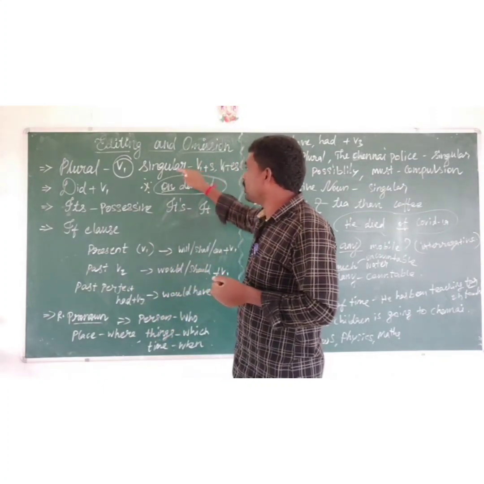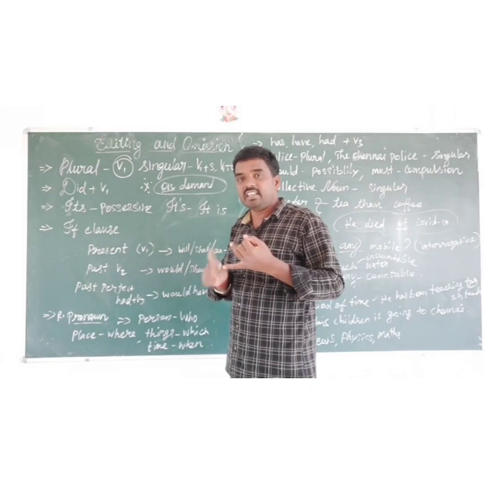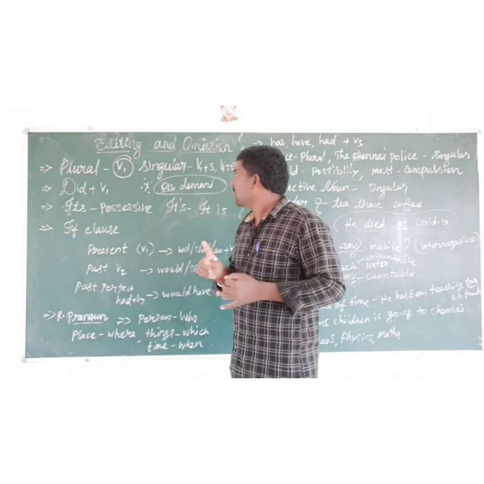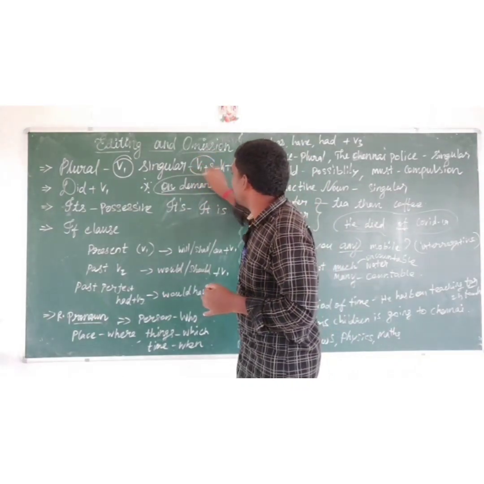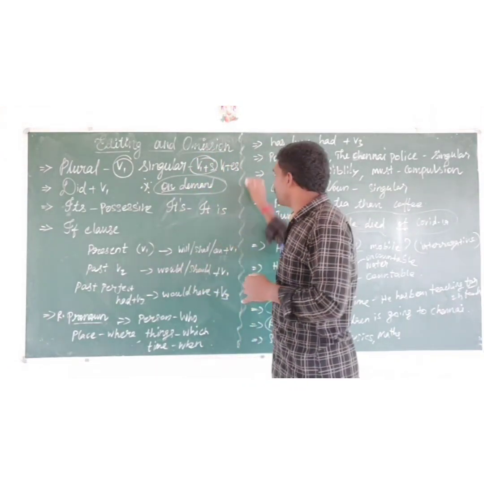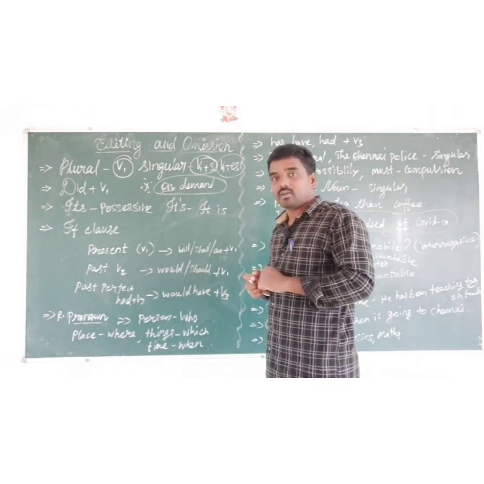But if it is singular, any one name or he, she, it, only one, for that we can use verb 1 plus s or verb 1 plus es. For example, he writes a story.